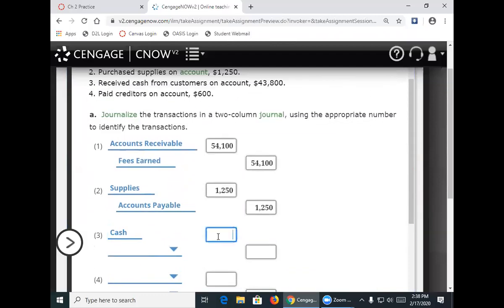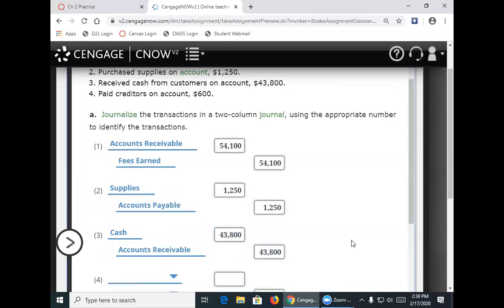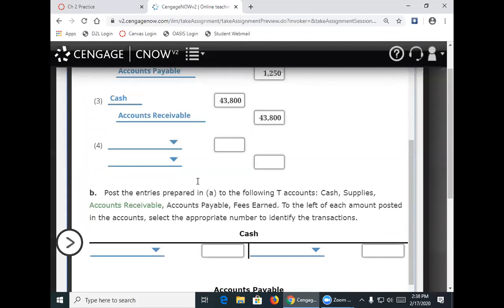The 43,800. And then we're crediting accounts receivable 43,800 because our customers are paying us what they owe us or some of what they owe us. So it's decreasing or crediting accounts receivable. And then we just want to put that into our little T accounts.